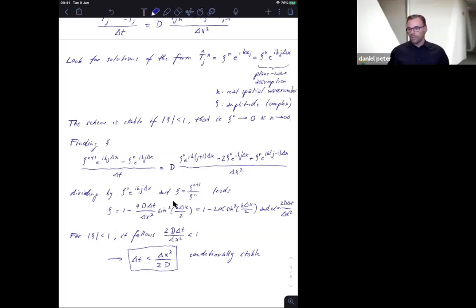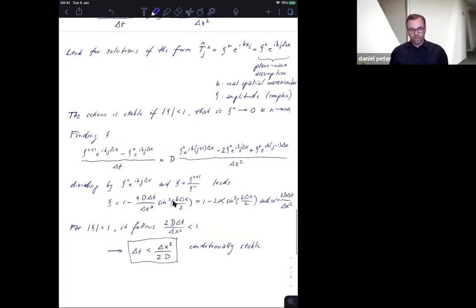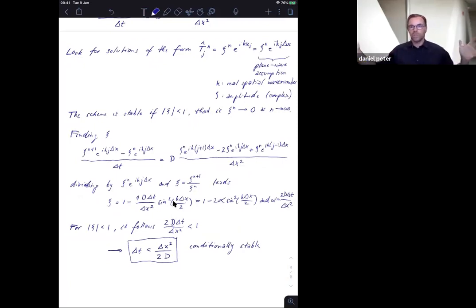Then it became this implicit scheme, which is unconditionally stable. So there, this condition on psi, that the amplitude factor has always to be smaller than 1, is always satisfied for that scheme. So it's unconditionally stable, which means we can choose any time step size for that scheme. That's the implicit scheme that we also looked at.